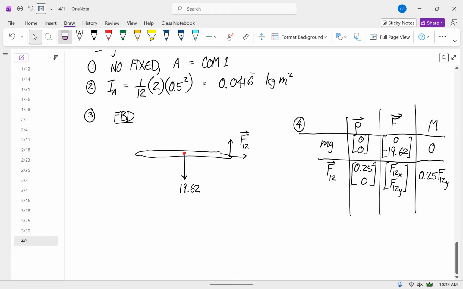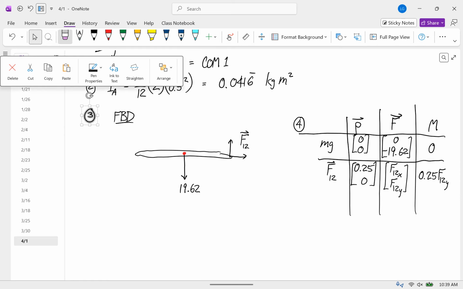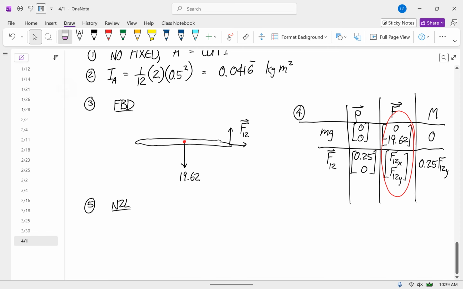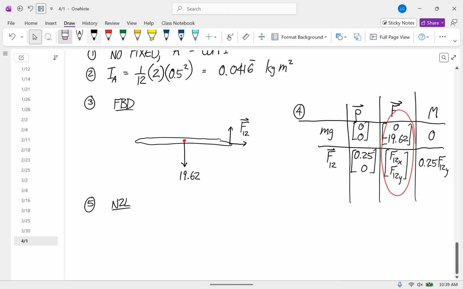Do we need to use Newton's second law for this one? Yes, because there's no fixed point. So Newton's second law, we're going to take all of these forces in this column and set it equal to the mass times the acceleration of the center of mass.